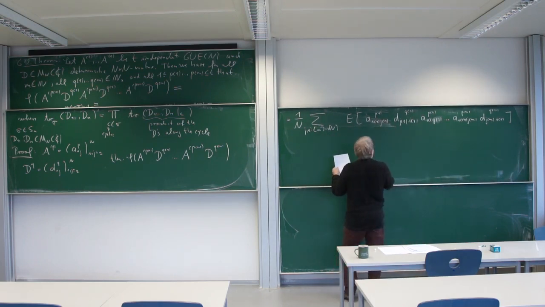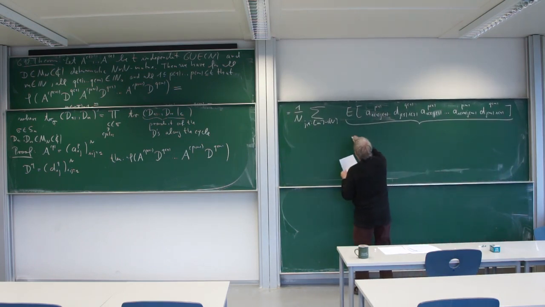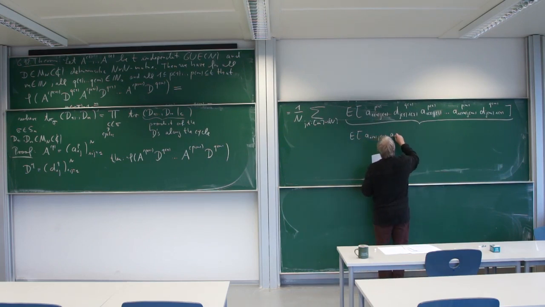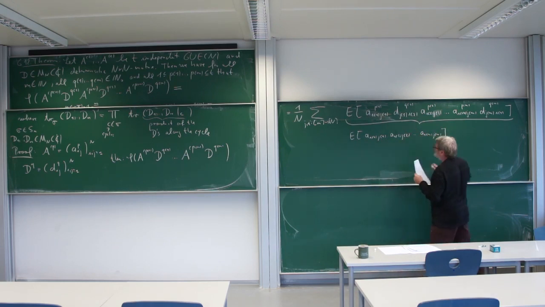So this whole thing here, I'm writing now as the expectation of the product of the A's. I'm just connecting the A's. I have A_{I1,J1}, A_{I2,J2}, up to A_{In,Jn}, and the corresponding P's there.